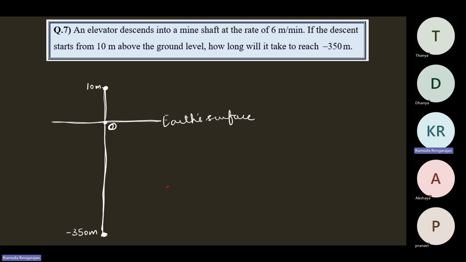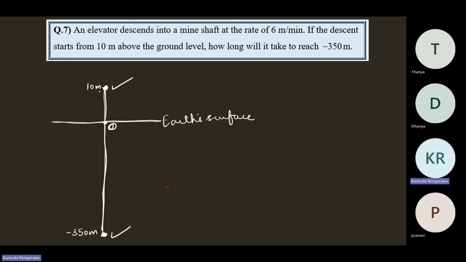You'll have to find the time taken by the elevator to reach. Now the elevator is here. When will it reach this position is your question. So just imagine you just take it as a number line. Supposing you're here and you have to walk from here to here. What's the distance you have covered?